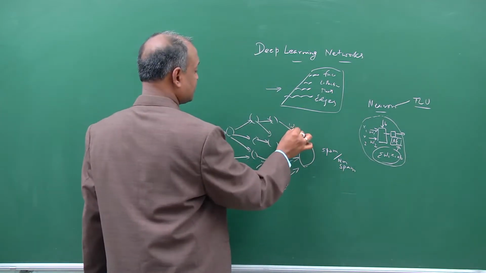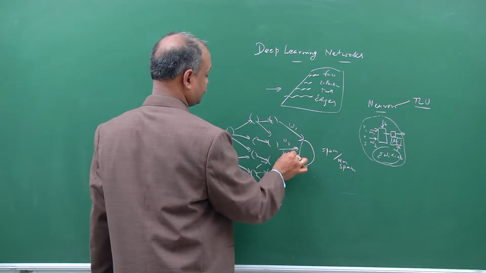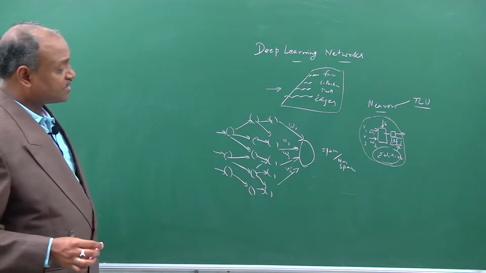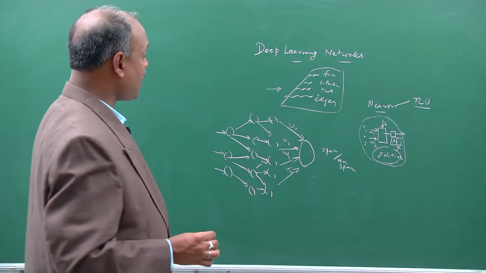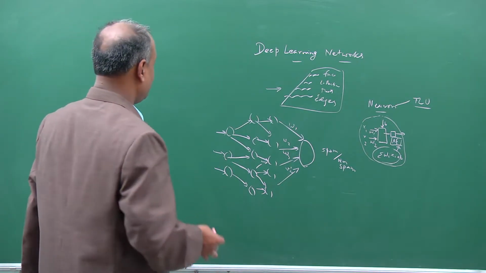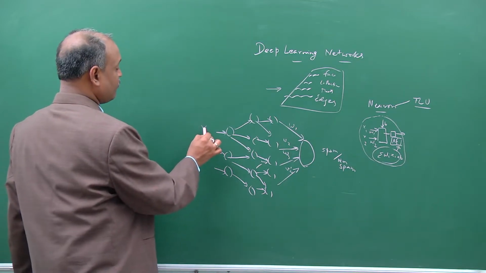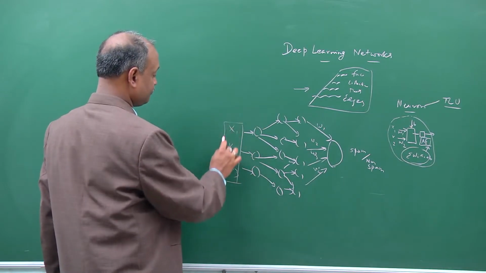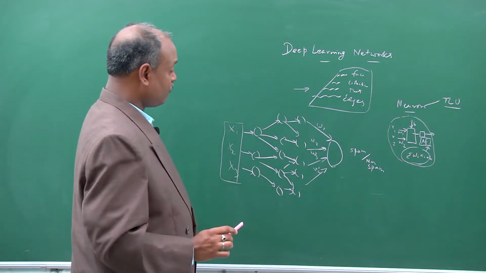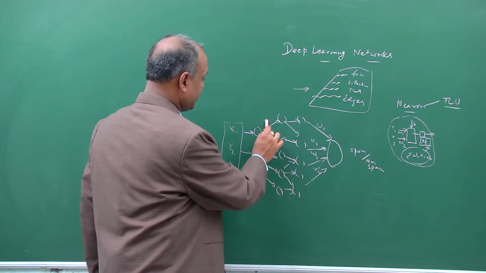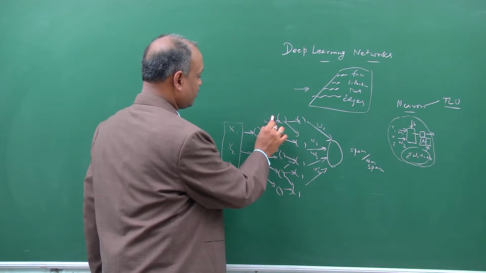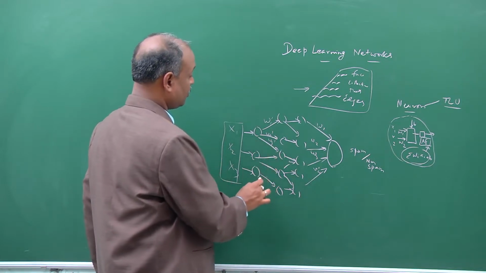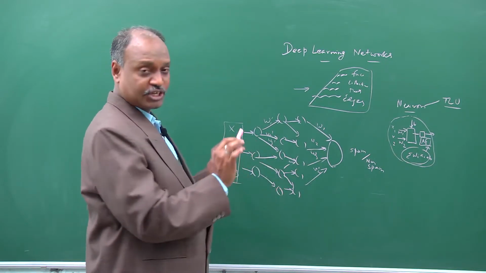So what happens is there are two passes in one pass of a deep learning network. First, suppose you are given one data input, and based on an initially random collection of weights, you initialize the network.